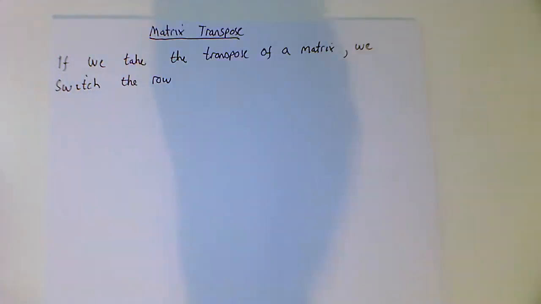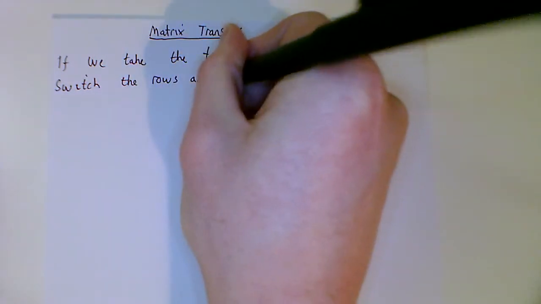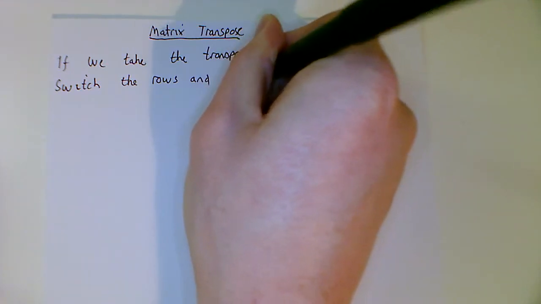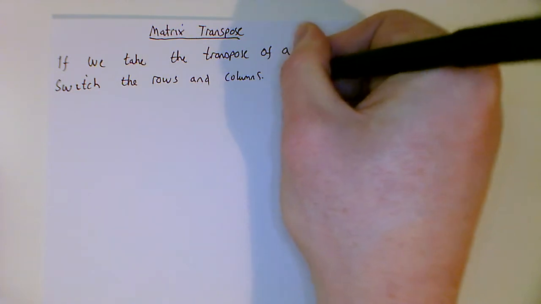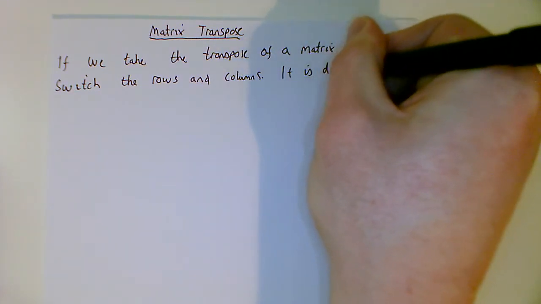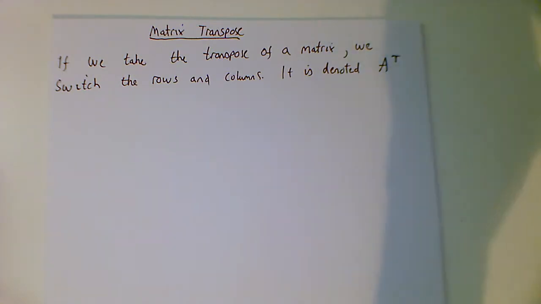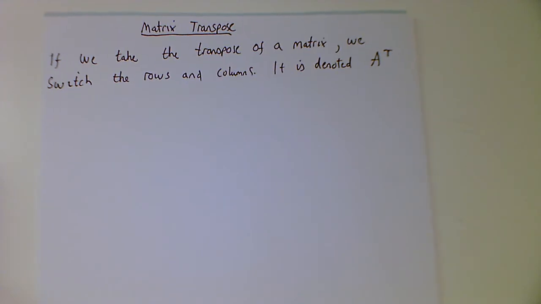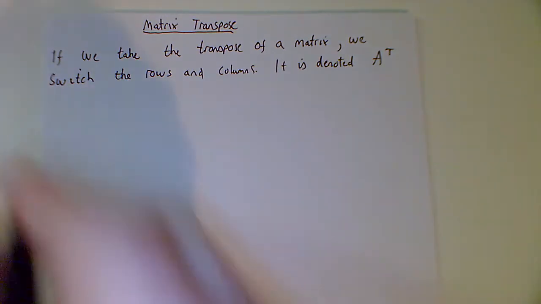If we take the transpose of a matrix, we switch the rows and columns around. It is normally denoted as A transpose, if it's a transpose on matrix A. You might sometimes see it as A dashed, but I don't use that terminology at all, so you won't see that in any of my lectures.